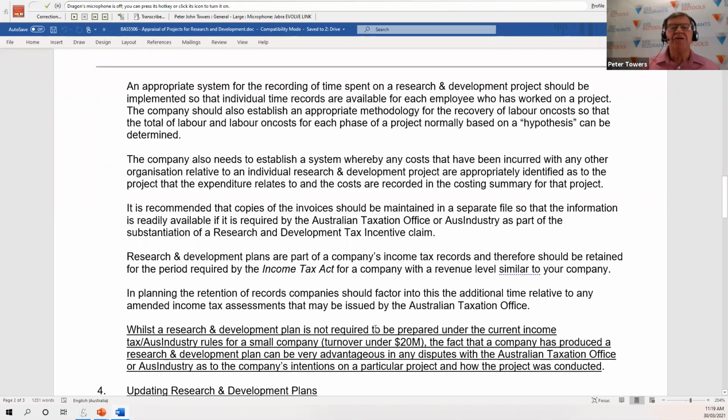So there are over 50 forms and papers in this research and development package, to assist in the proper recording of information.